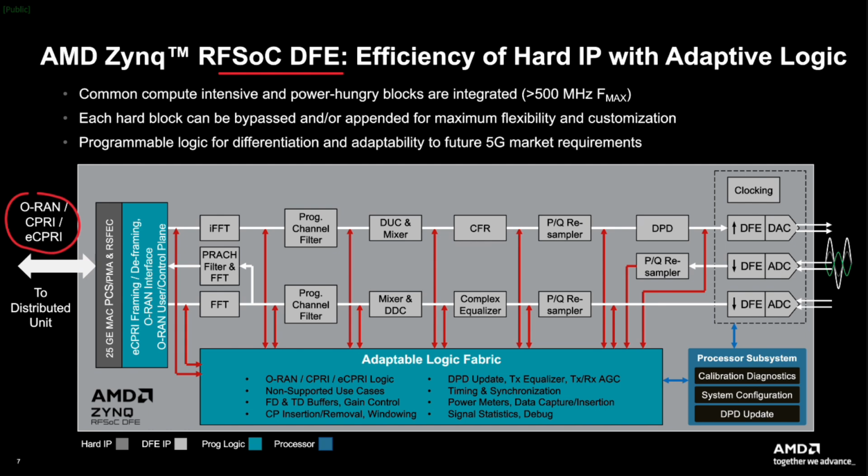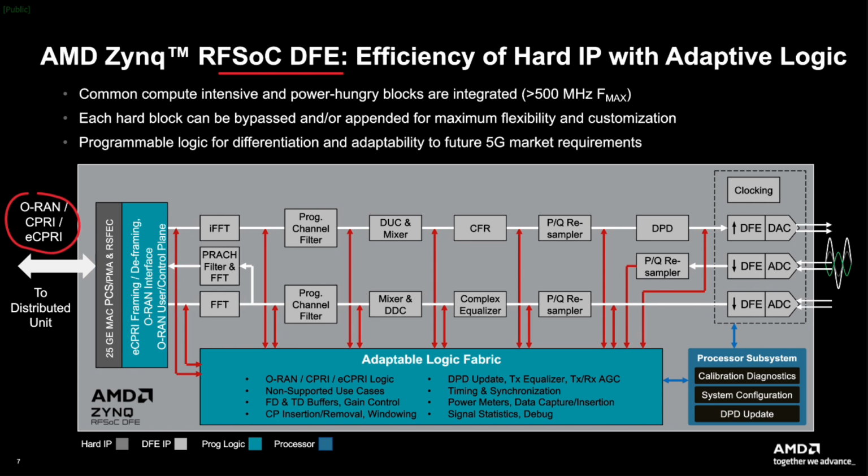This was quite successful with the RFSoC DFE, so we carried it forward with the Versal RF series in terms of the hard IP concept. Typically, as we showed earlier, the ADCs and DACs would be on one side of the device and the GTs on the other side, and you have a natural data flow from the ADCs into the distributed unit or from the distributed unit into the DACs.